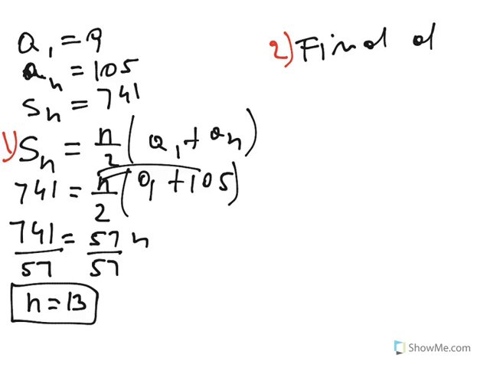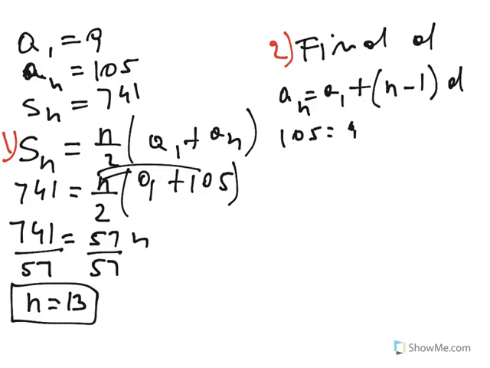To find the common difference d, I have to use the explicit formula. A sub n equals the first term plus n minus 1 times the common difference d. A sub n is the last term. So if I substitute 105 instead of a sub n, I have 105 equals 9, the first term, plus the number of terms I just found, 13 minus 1, times the common difference d.